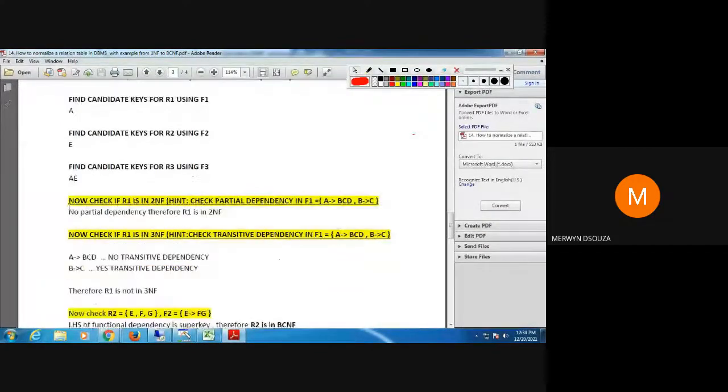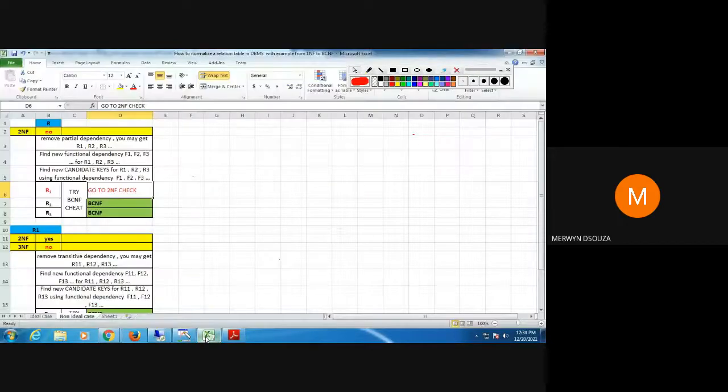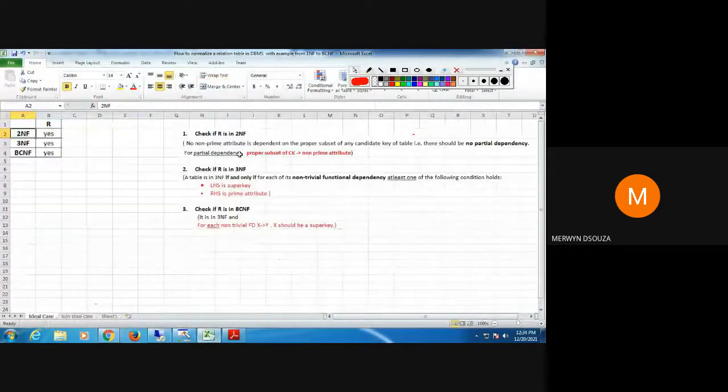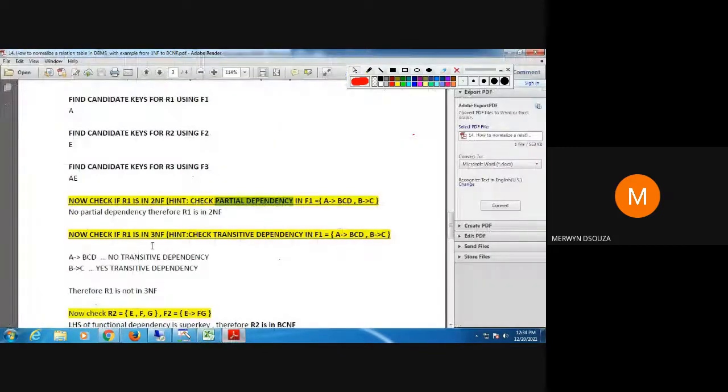Now you check whether R1 is in second normal form. You check for partial dependency using the definition that I've already told you: whether a proper subset of the candidate key determines a non-prime attribute. You can check that using the prime attributes.